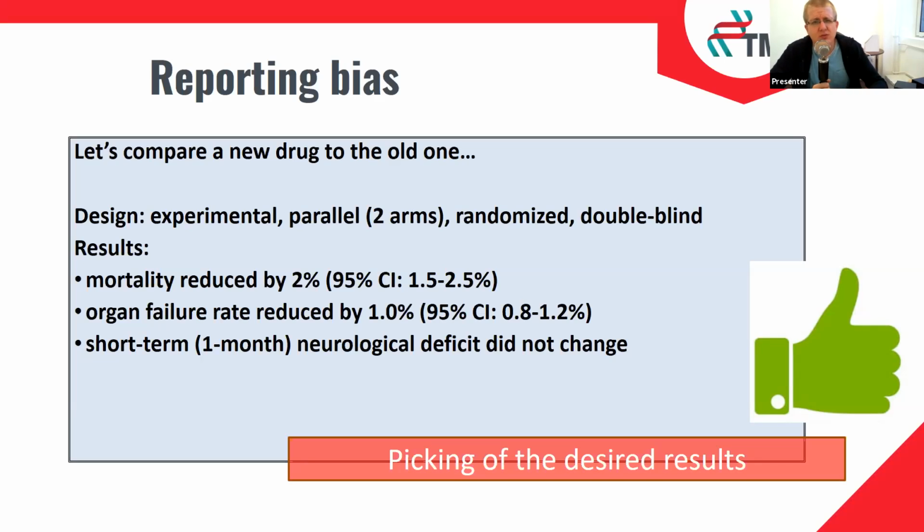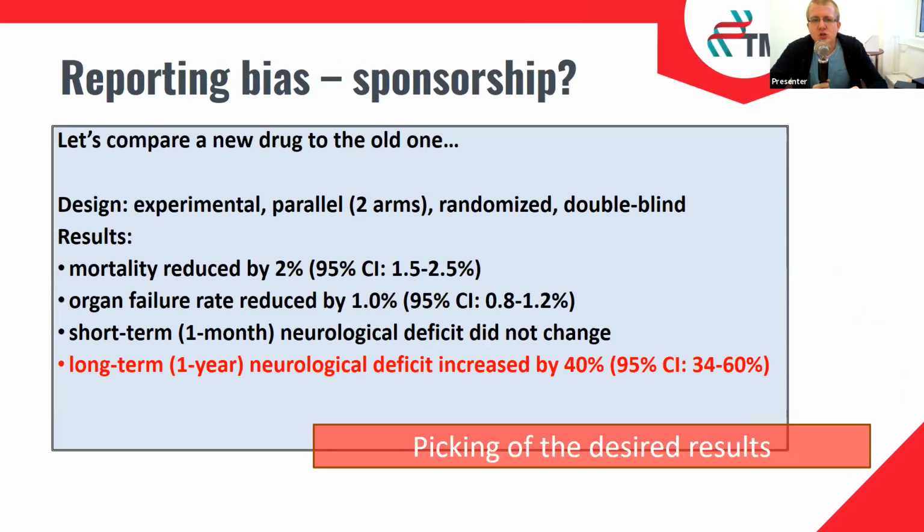Again, it reduced the organ failure rate significantly. The short-term neurological deficit rate didn't change across the groups. Come on, based on these results, the one drug is superior over the other one. But if you add an additional point, and we realize that the long-term neurological deficit increased by 40% with this drug, it may change my strategy, how to interpret this recommendation at the level of guidelines, for example.